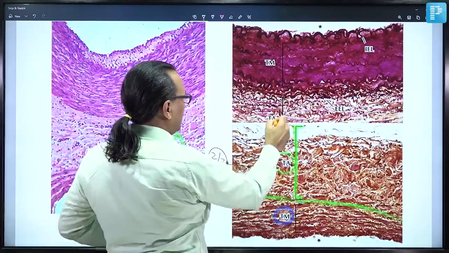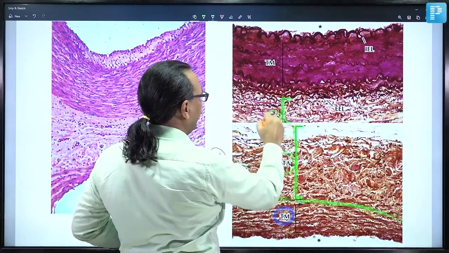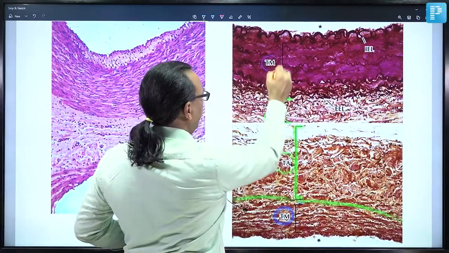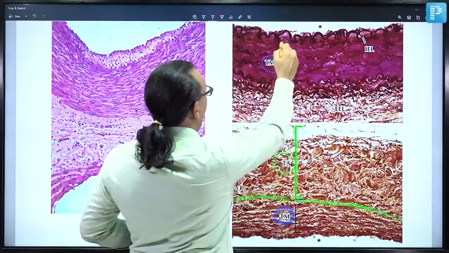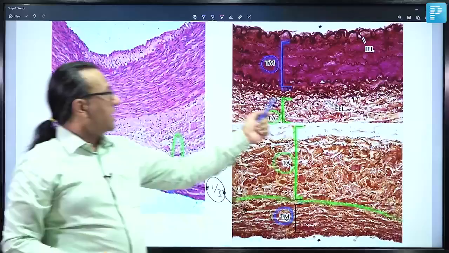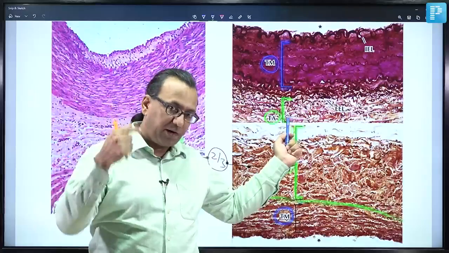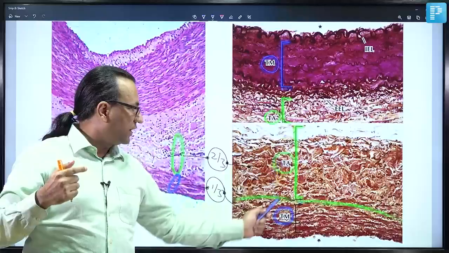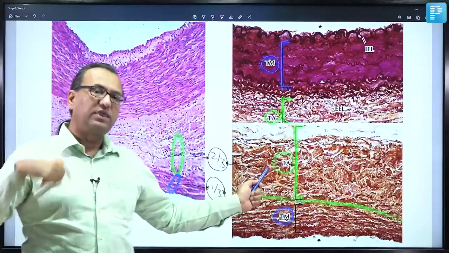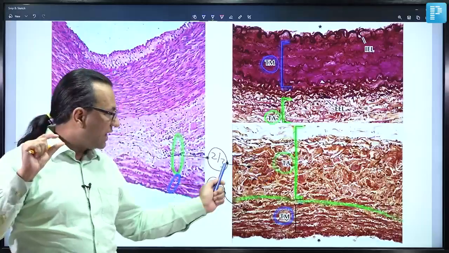On the other hand, the tunica adventitia of an artery is comparatively less thick than the tunica media. And moreover, in an artery, the tunica adventitia will have collagen fiber, elastic fibers, but in case of a vein, the tunica adventitia, along with that collagen and elastic fiber, can have smooth muscle cells as well.